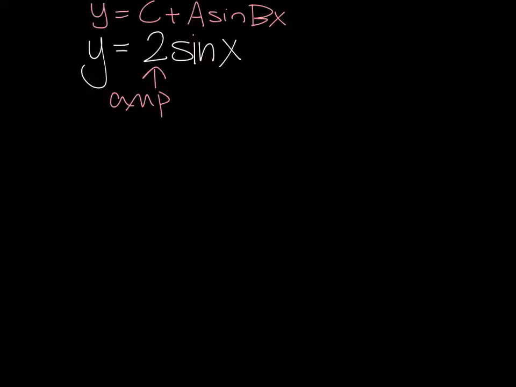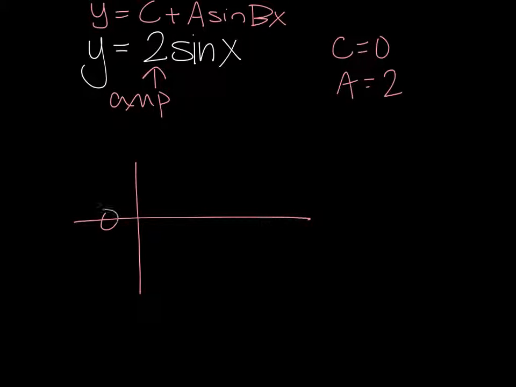So, if C is 0, it's not there. That's my midline. Amplitude is 2. That tells me that I can draw my y-axis and put the middle at 0. And the amplitude will tell me that I'm going to have to count 2 spaces to the top and 2 spaces to the bottom of my graph.